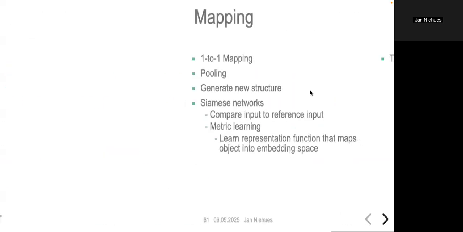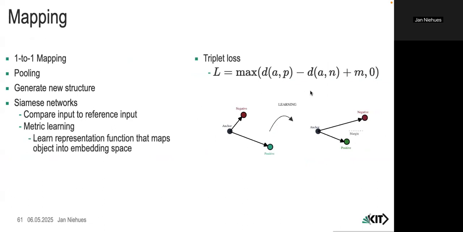If you're doing that, there is a dedicated type of loss for it, called the triplet loss. If you have your example, your anchor, and positive and negative images, the loss tries to move your positive images near and move your negative images far away, so that you have a maximum margin between your positive and negative images.